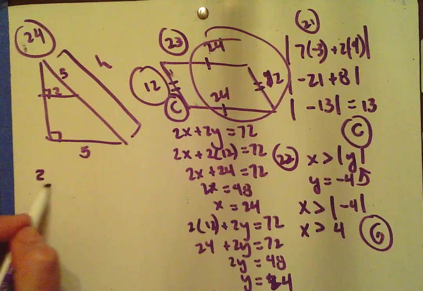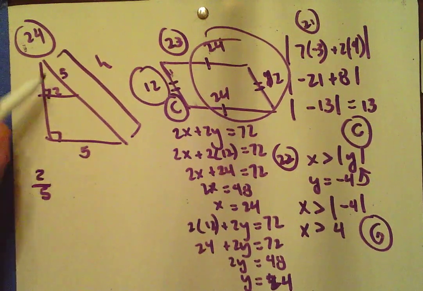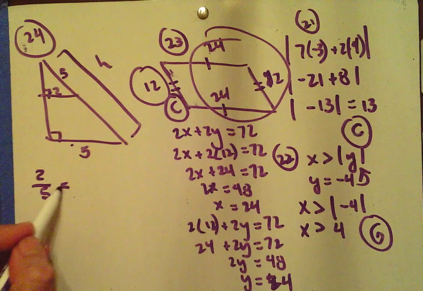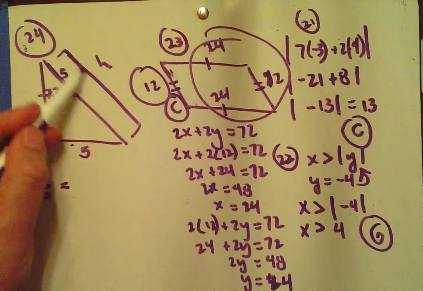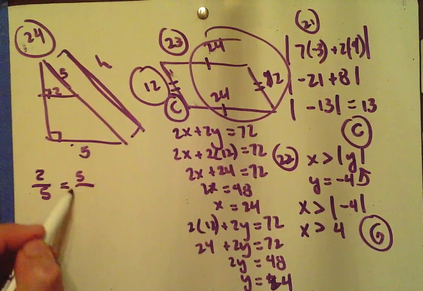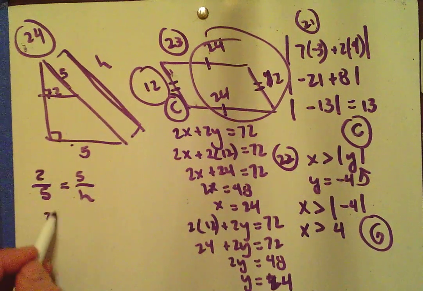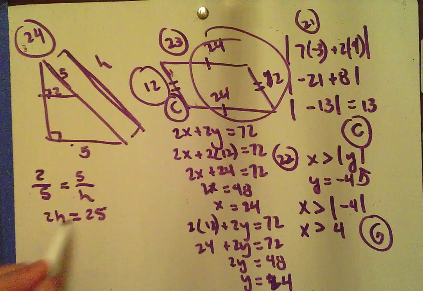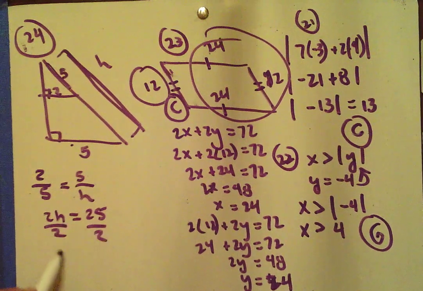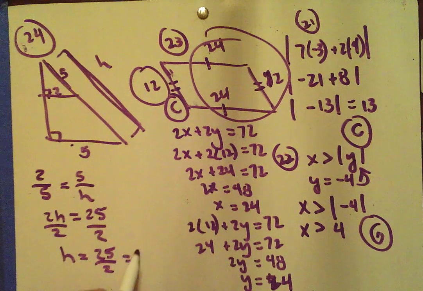Well, 2 to 5 equals hypotenuse to hypotenuse, 5 to h. So I get 2h equals 25, or h equals 25 over 2, which is 12.5. Therefore, choice K is my answer to number 24. Choice K for 24.